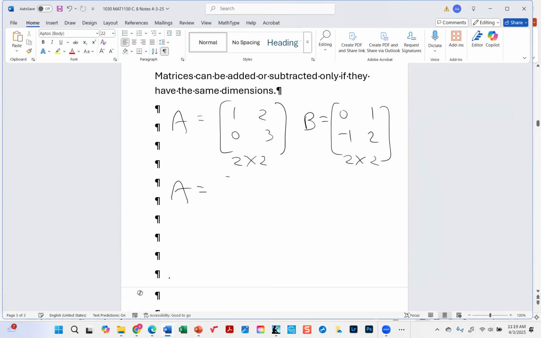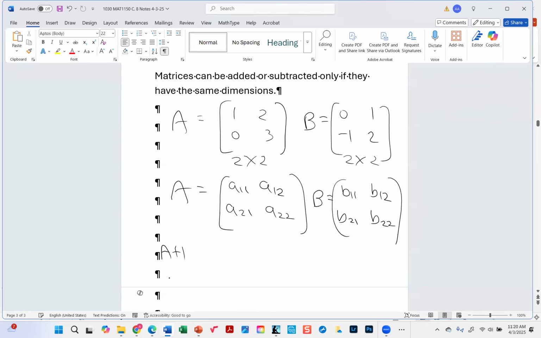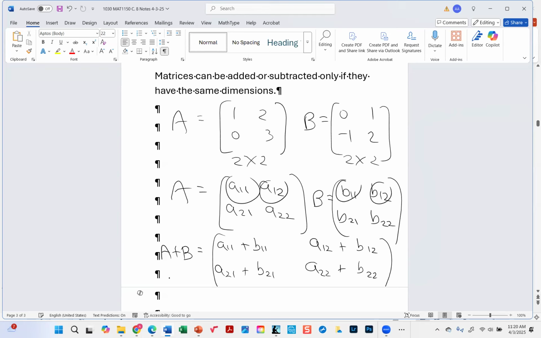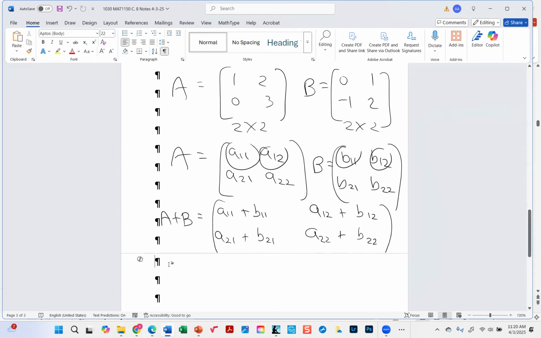Well, if you write A in its more formal way, but this applies to any 2 by 2 matrix, the resulting matrix A plus B is obtained by simply adding these elements together. In other words, I'm adding this number to this one, to this one, et cetera. We call that element by element.